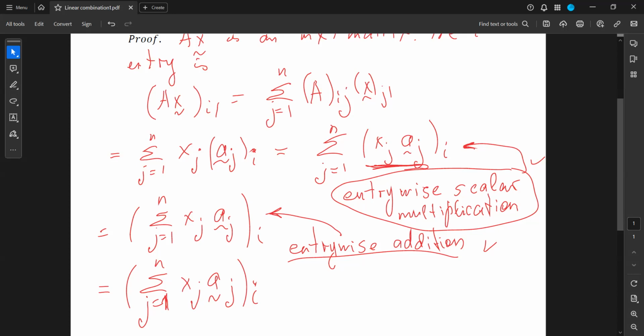This sum is a length m column vector, and we can interpret it as a matrix with one column.